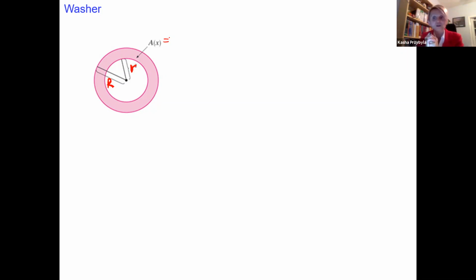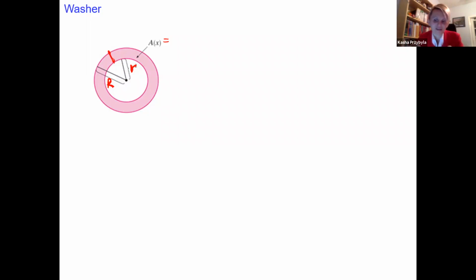We have to subtract from the outer, from the big circle, the small one. Jacob said R minus r, but no, we have to play with the areas, because subtracting just the radii, we will get that distance.